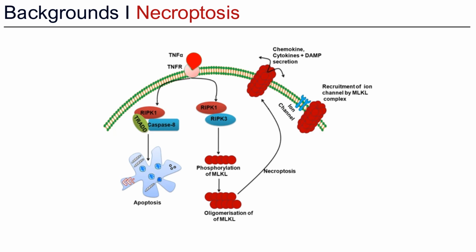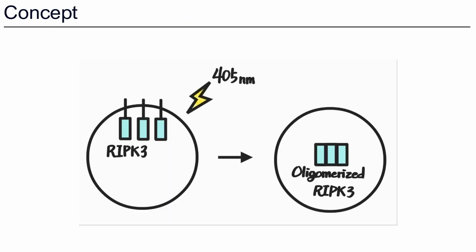Exosome producer cells have proteins consisting of PD-1, PTGFRN, MAPL, RIPK3, and a constitutive oligomerizing domain. Between the MAPL and RIPK3, there is just a linker which can be cleaved by 405 nanometer UV.